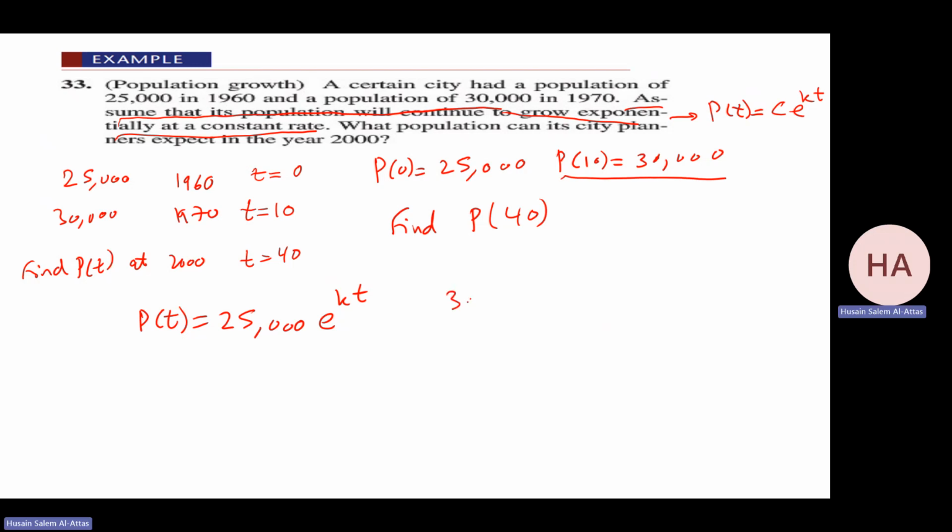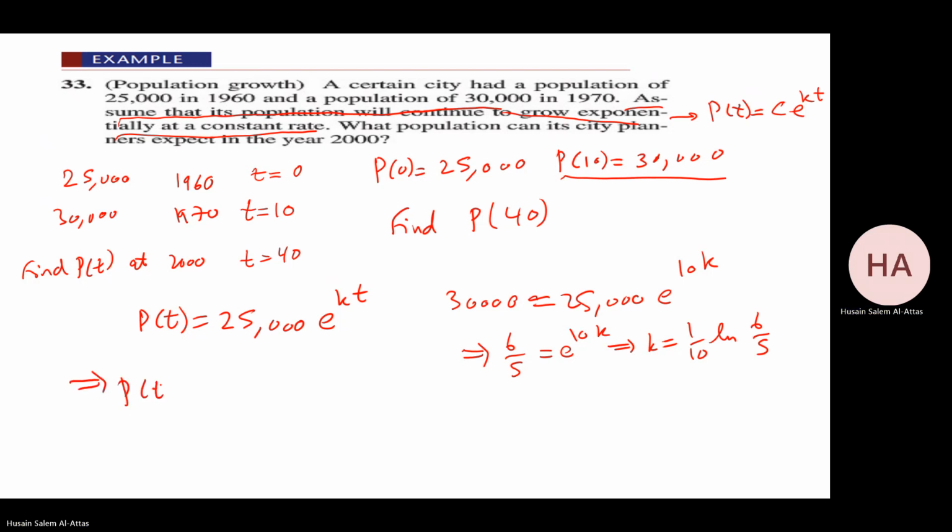So I have 30,000 equals 25,000 e^(10k). Divide, I'm getting 6/5 equals e^(10k). So k equals 1/10 ln 6/5. So P of t will be 25,000 e to the power t over 10 ln 6/5.